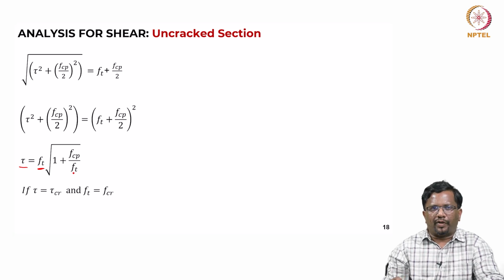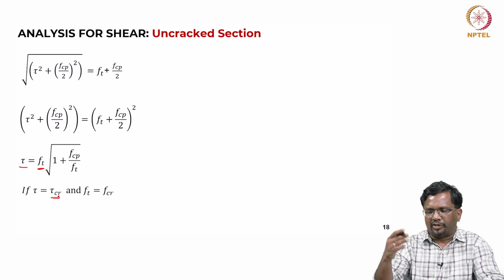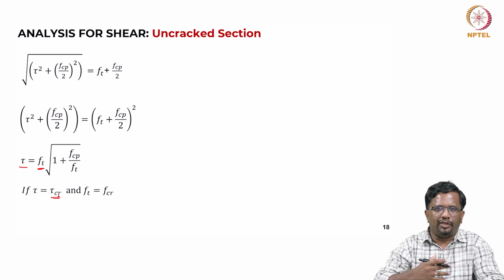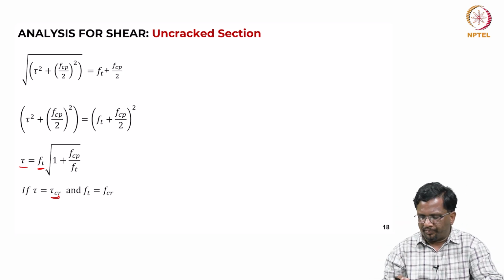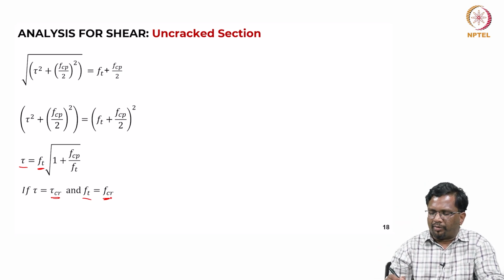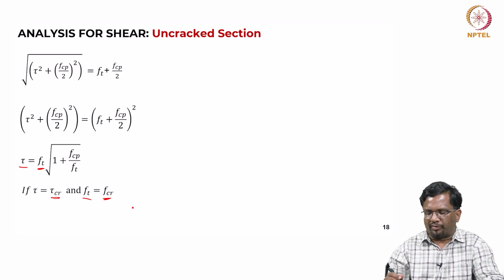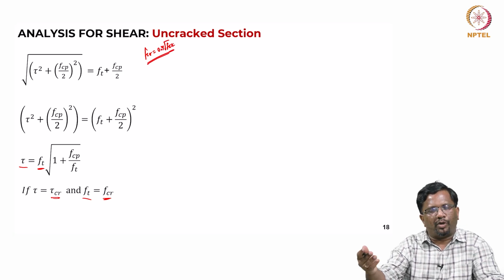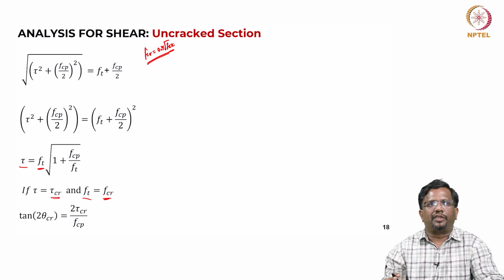Okay. Now, if I take tau equal to tau Cr, because we are interested in calculating at what shear force it will lead to that diagonal shear crack, and Ft, if I take it equal to FCR in a very simple way, modulus of rupture, and you know that FCR we take to be 0.7 square root of FCK. Different codes give you different values, it can be 0.2 also. So, let us say that now.